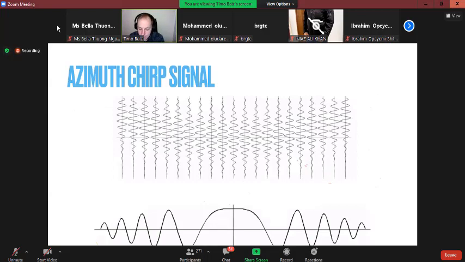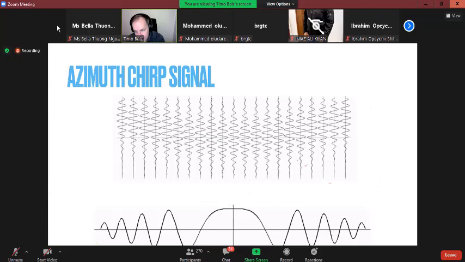Right, and if we have the Doppler effect, we are also analyzing the frequency change, right? And we can understand that as another chirp signal because it's also actually a linear frequency change of the Doppler signal.